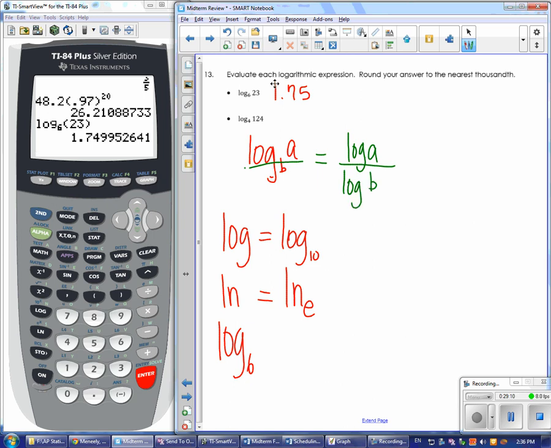I'll use the change of base formula for the second one. If I want to evaluate the log base 4 of 124, that's going to be the same as taking the log of 124 and dividing it by the log of 4.